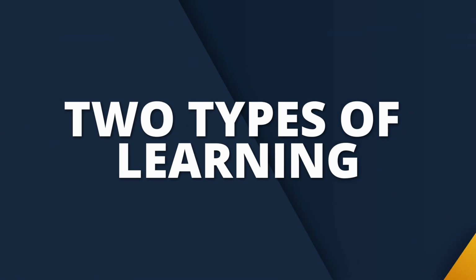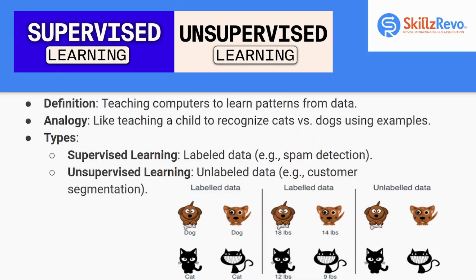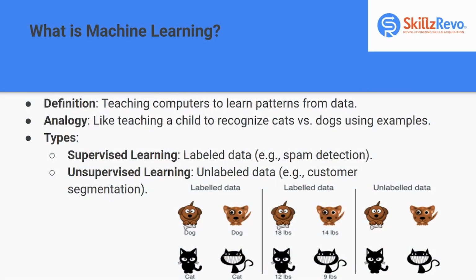There are two types of learning: one is supervised learning and the other is unsupervised learning. Supervised learning comes under something called labeled data. Labeled data means what? Suppose in this image we have two types: one is labeled data and the other is unlabeled data. In labeled data there is some kind of tag written. Below the dog image there is "dog" written, below the cat there is "cat" written.